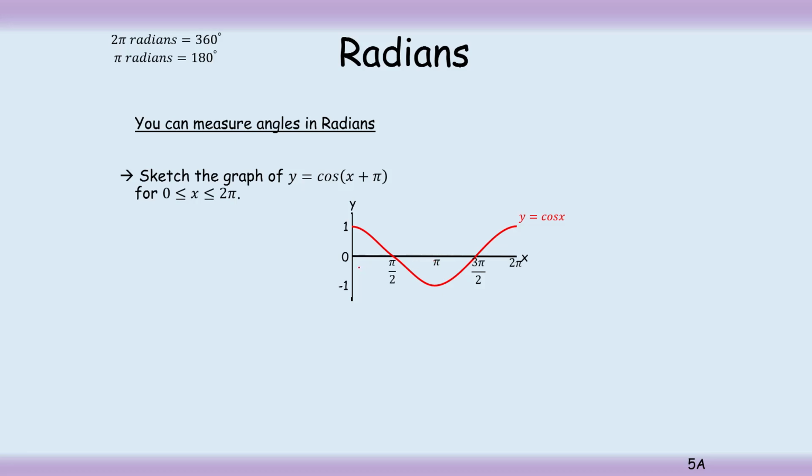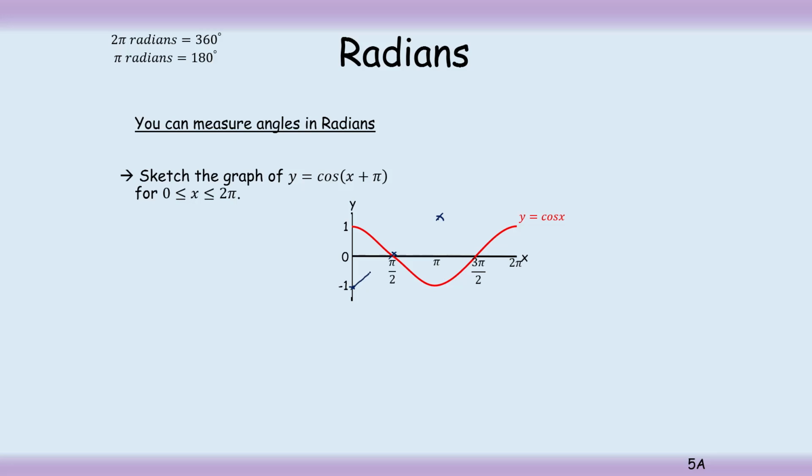Okay, so everything shifts, because it's plus, everything shifts to the left. So if I change color, let's see if we can use blue. So that's going to end up over here somewhere, because it's going from 2 pi to pi. That is going to end up down here. If I make a cross there, that's shifted across there. And the pi down the bottom here is going to end up here.